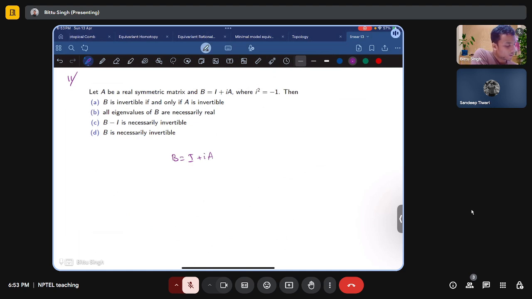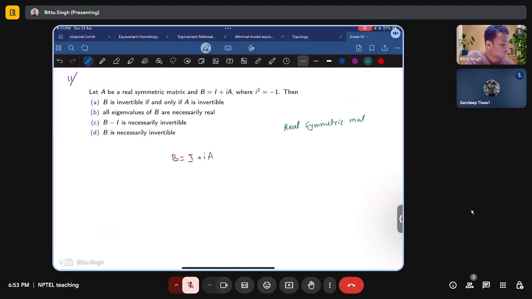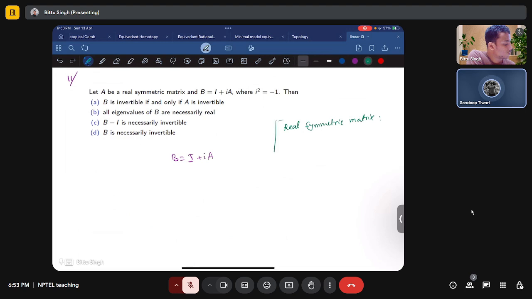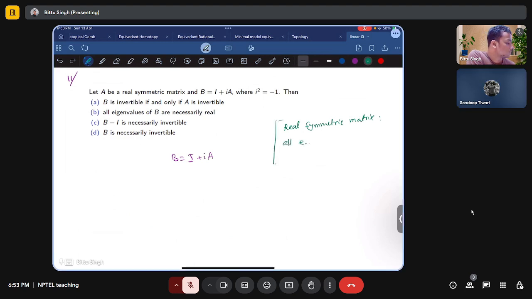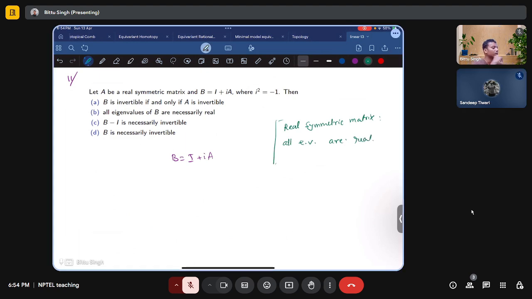So what do we know about a real symmetric matrix? Sir, option D is correct. Okay, let us see. A real symmetric matrix has all eigenvalues real. Yes, this is one of the important properties.